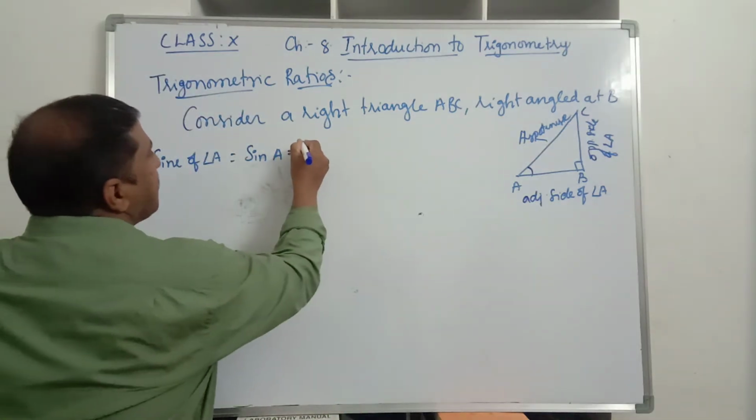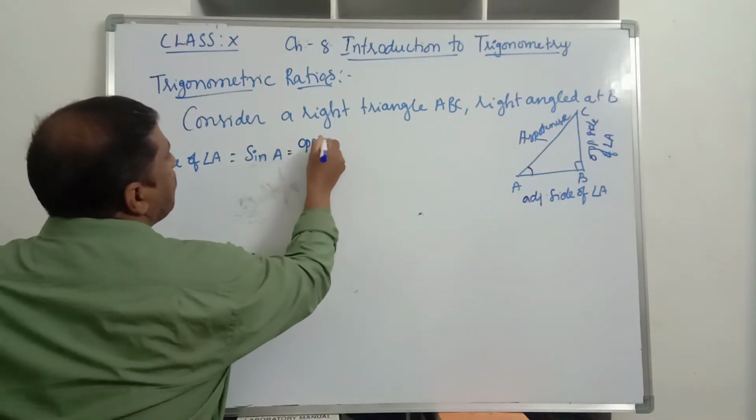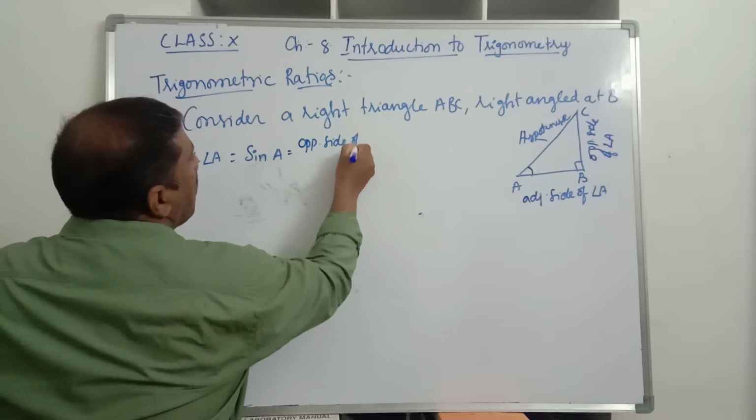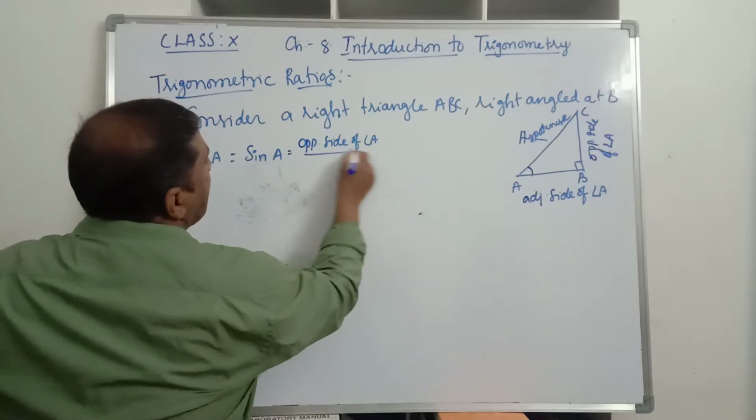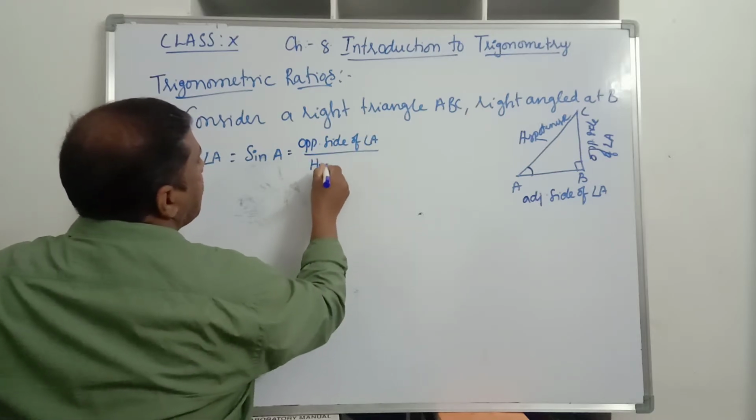So sine of angle A is the opposite side of angle A divided by the hypotenuse.